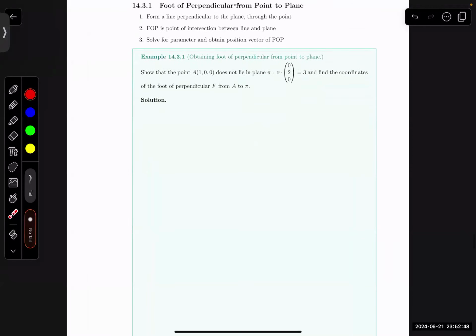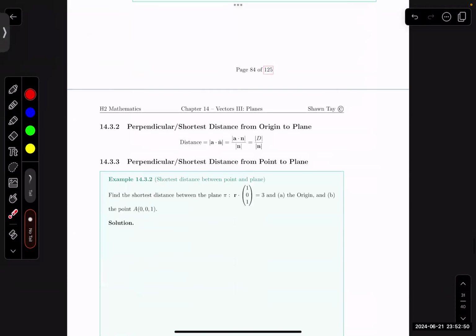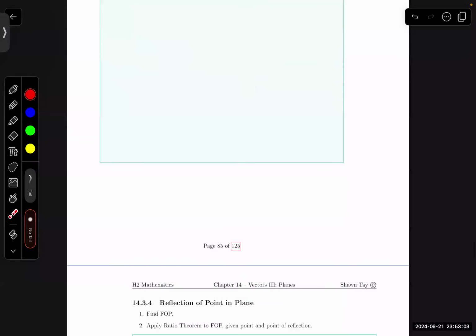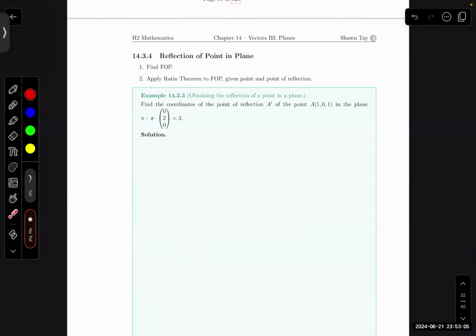Okay, let's look through first. For perpendicular, next one is perpendicular distance. Okay, see, it's really similar to one point and one line, right? Foot of perpendicular, distance. Then you have reflection. Same thing again. Find the foot of perpendicular, use ratio theorem.